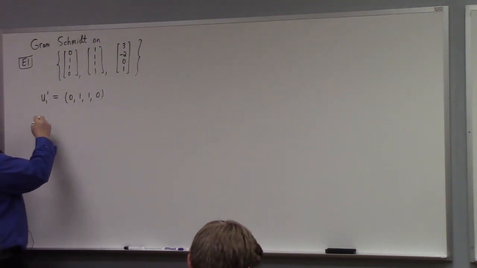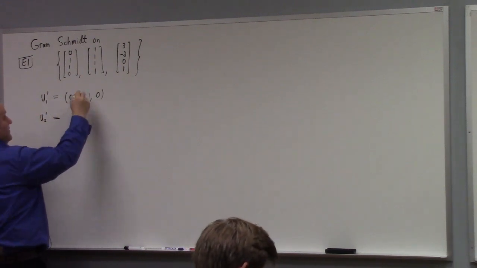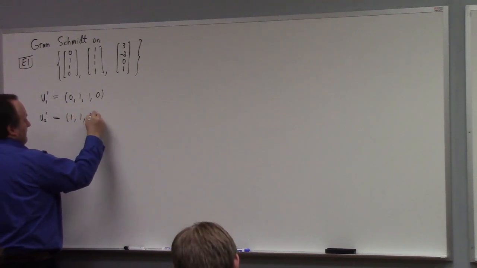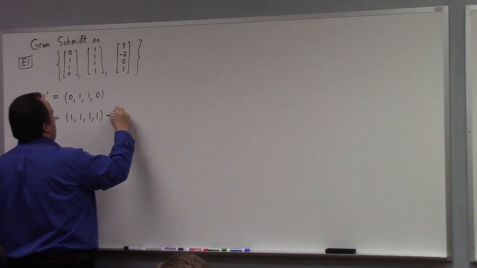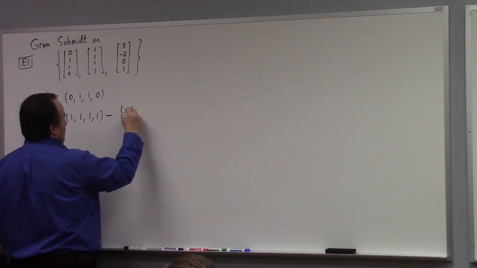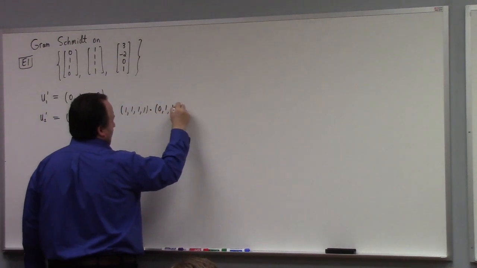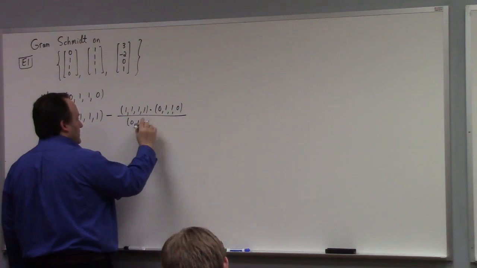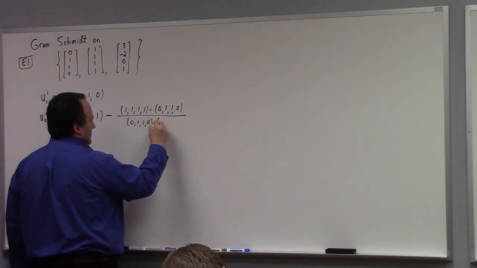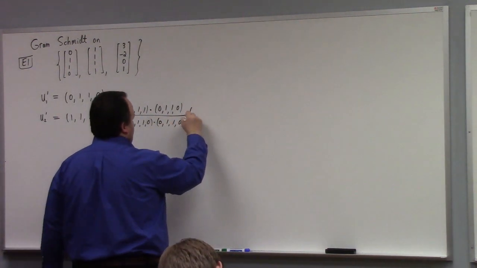Just declaring that. u2 prime: what we do is we take the 1, 1, 1, 1 vector and we subtract the 1, 1, 1, 1 vector dotted with the previous one, divided by the dot product of that with itself, which of course you probably could safely just write down.